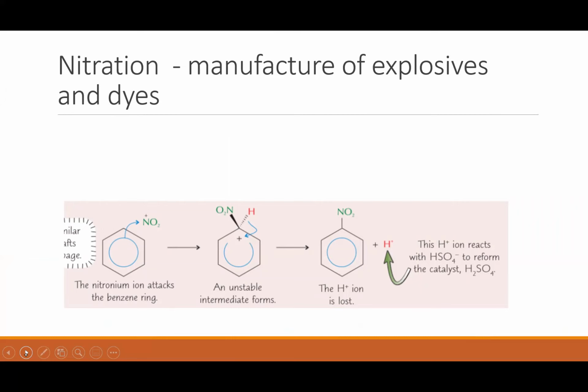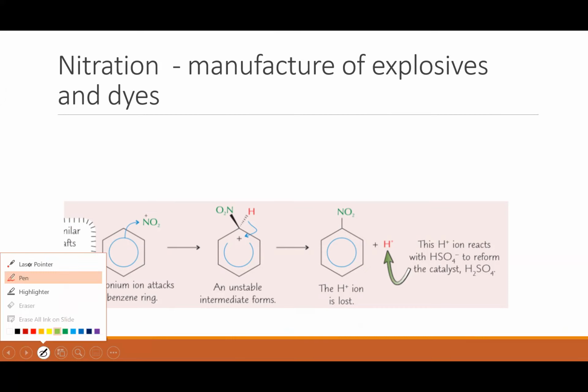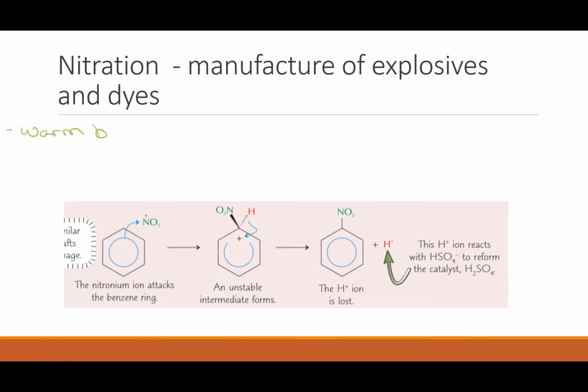Nitration, we use this in the manufacturing of explosives and dyes. In this situation, we're going to warm our benzene with concentrated nitric and sulfuric acids, and you get something called nitrobenzene.